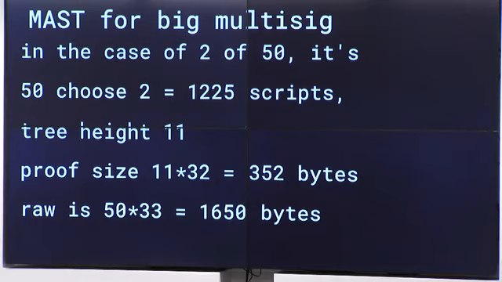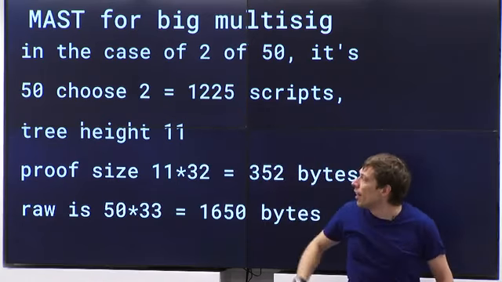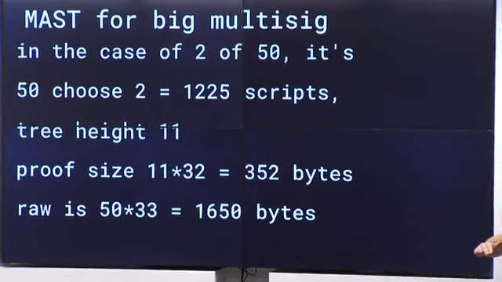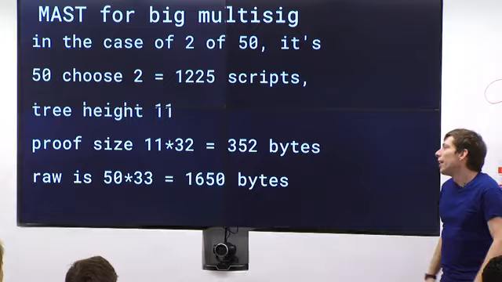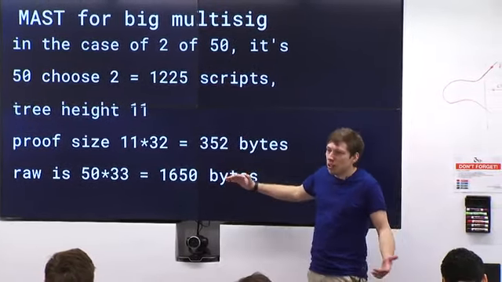And that would result, if you do a regular balanced binary tree, in a tree height of 11, which is actually so close, right? If it was 1,024, it'd be 10, but a little over. And since it doesn't have to be symmetric, you can get tree height 10 for most leaves and 11 for some of them. Anyway, your proof size is going to be 352 bytes, which is okay.